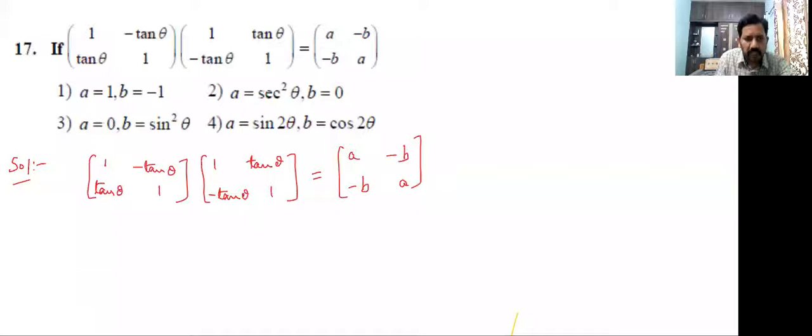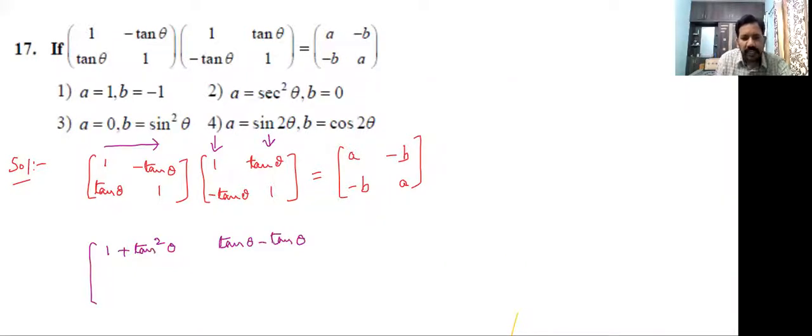Now do the product of the two matrices. First row, first column: 1 into 1, 1, minus tan theta into minus tan theta, plus tan square theta. First row, second column: 1 into tan theta, minus tan theta into 1, minus tan theta.